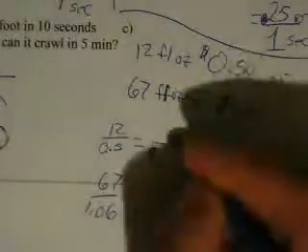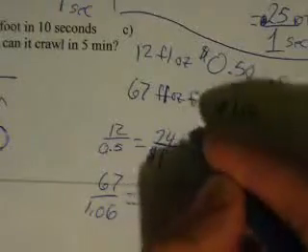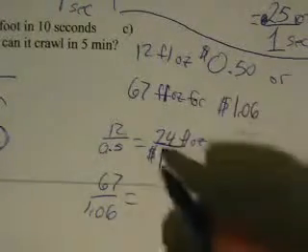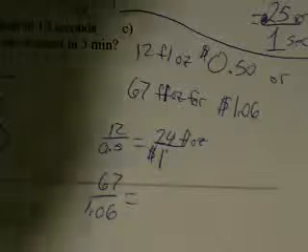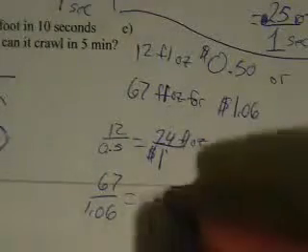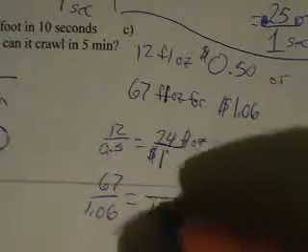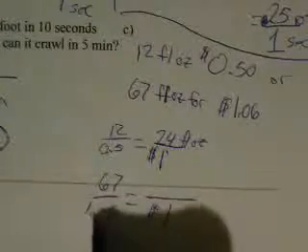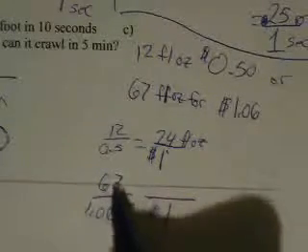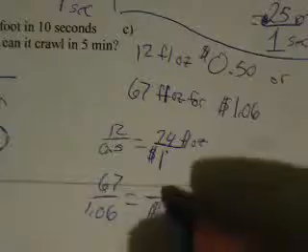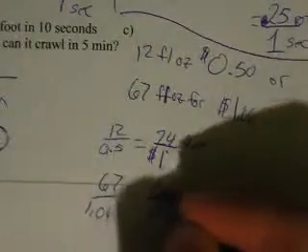Well, divide by 0.5, we get 24 fluid ounces. So $1 can get you 24 fluid ounces there.